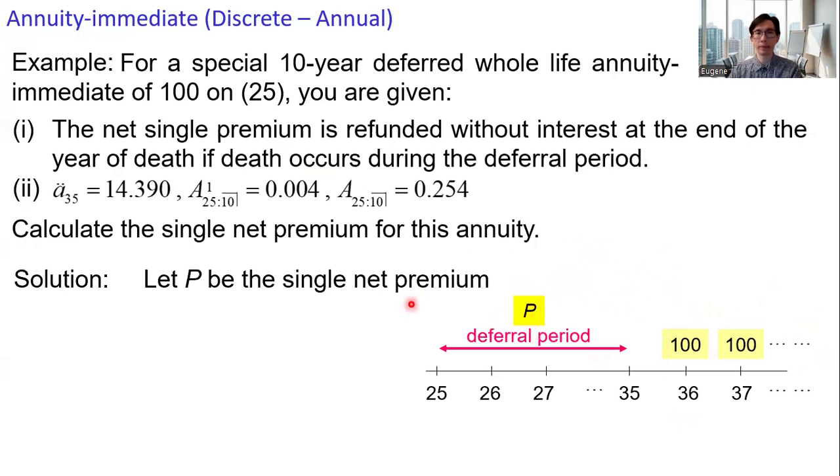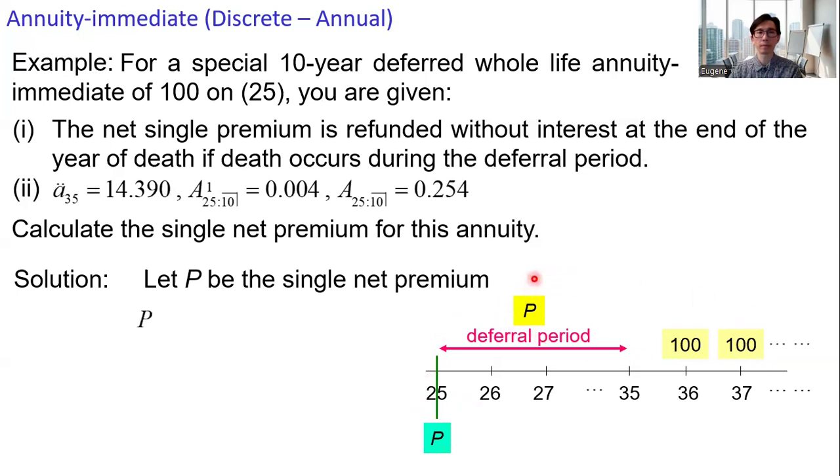And then the premium is paid at age 25, the net premium is P. Here we simply equate the actuarial present value of the premium P with the actuarial present value of all these benefits.